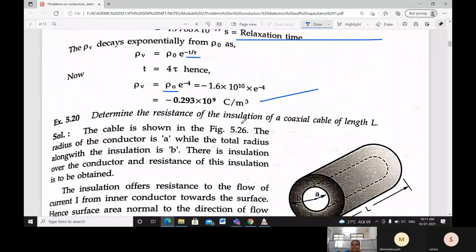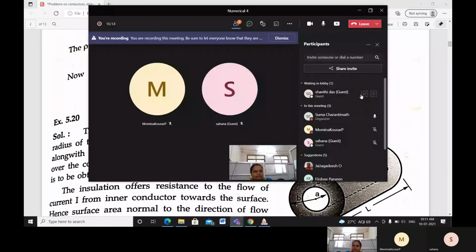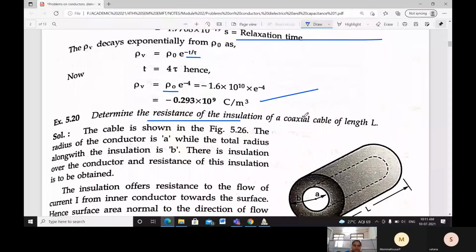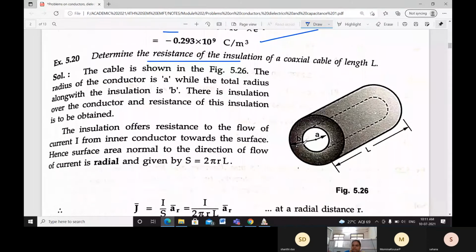Determine the resistance of the insulation of a coaxial cable of length L. We have to find the resistance of this coaxial cable with length L. This is the cable, with inner radius a and outer radius b, and length L. The radius of the conductor is a, while the total radius along with the insulation is b.